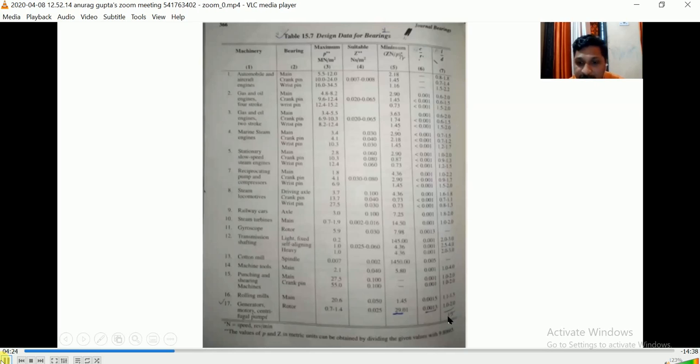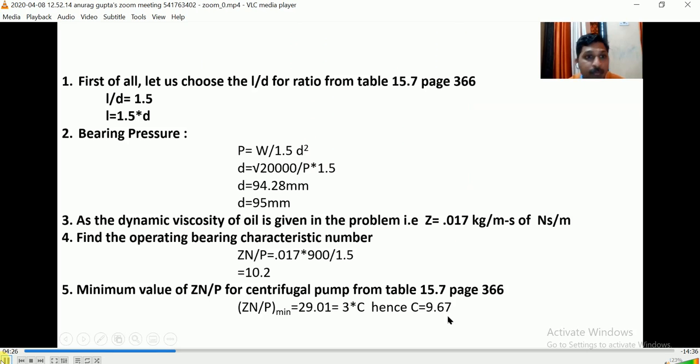So we take the L by D ratio as 1.5. As the diameter of the journal is not given, we can find the length of the bearing in terms of journal diameter, so L is equal to 1.5 times the diameter of the journal.